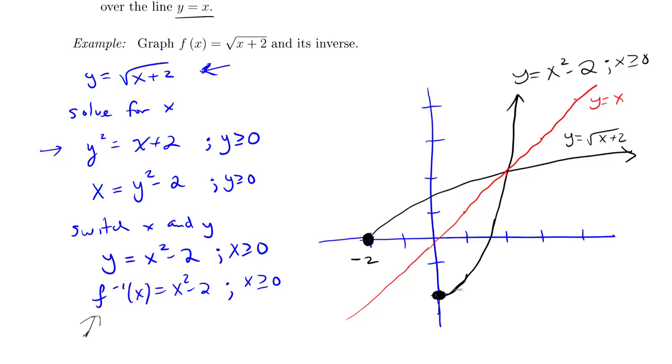So yes, these two functions have a very nice relationship. They undo each other, so that when we put a value into one and get a result, we put that result into the other and get back the original value we started with. Graphically, they are a reflection over y equals x. And that's what we have for inverses.